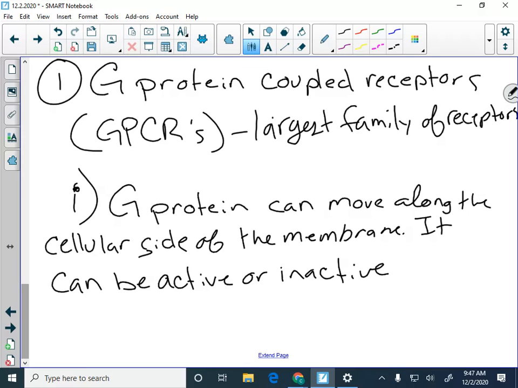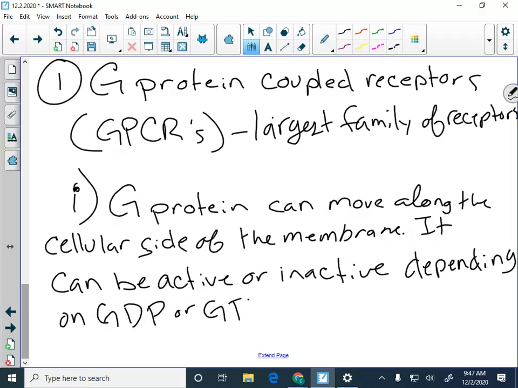GTP and GDP are very, very similar to ATP and ADP, but instead of adenosine, it's guanine. So instead of adenosine triphosphate, it's guanine triphosphate. So it can be active or inactive depending on GDP or GTP.